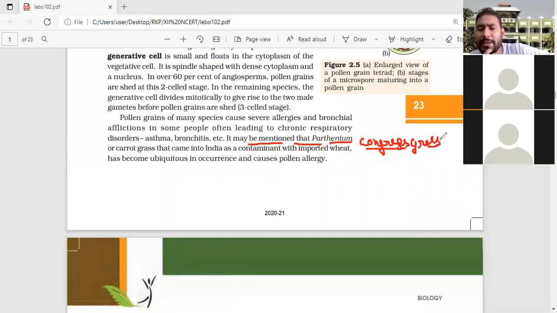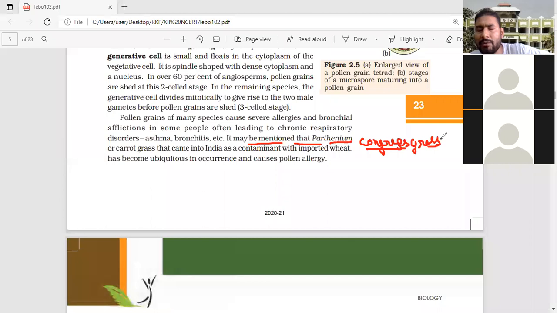Are you getting what I'm saying? When we bought wheat from USA, along with the wheat grain, some weed, that is waste substance, of this Parthenium grass came to our India.